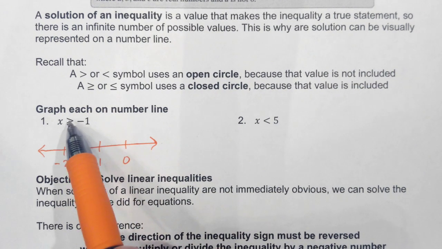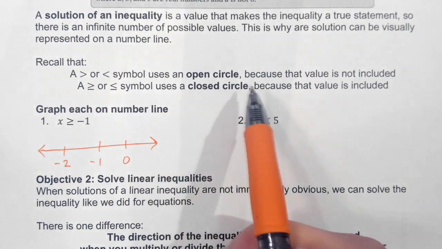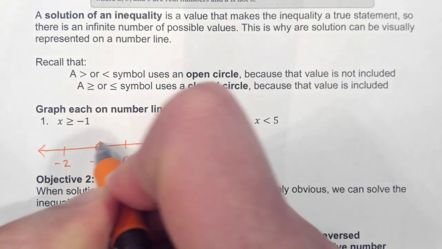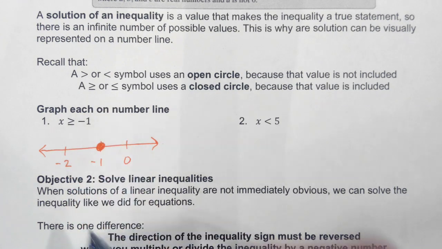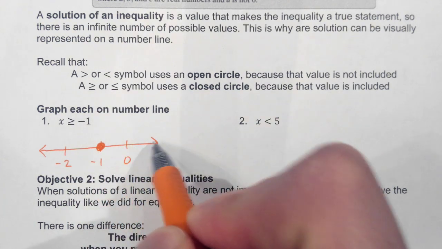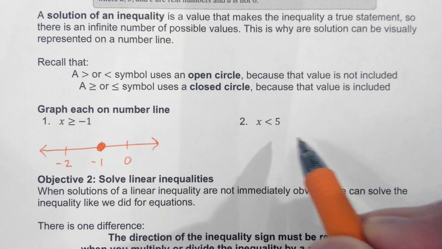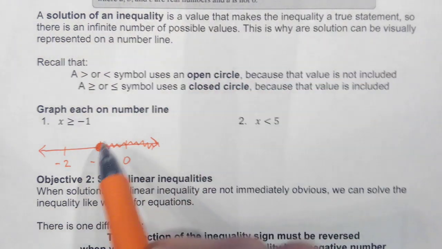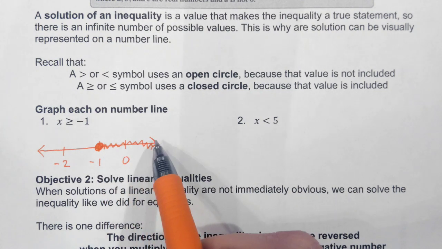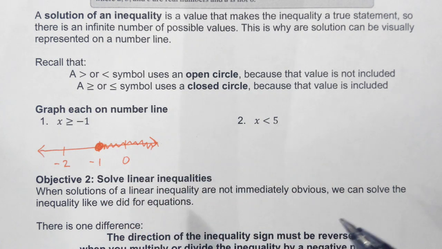And because this is a greater than or equal to, remember that's going to be a closed circle, so we're just going to put a nice big filled in circle on negative 1. And what are the values that are greater than negative 1? Well, that would be 0, 1, 2, 3, 4, 5, 6, 7, 8, all the way that way. So this is the way that we shade. So once we get a solution, we'll put a dot and we will shade in that direction.